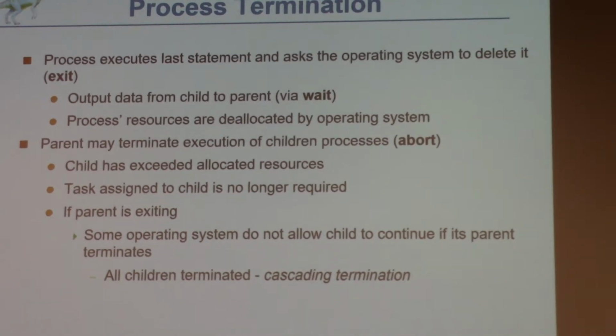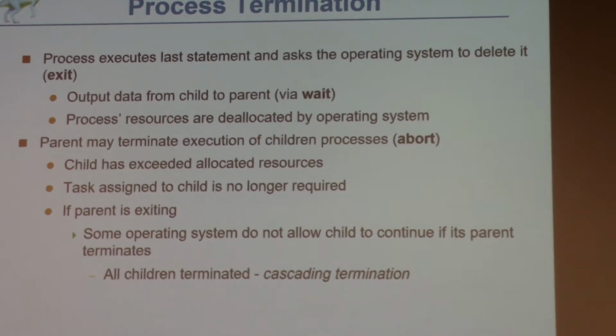But suppose that the parent process is terminated forcibly. Then the child process, in most cases, is automatically terminated, because there is no parent, so there's nothing to be returned at the end of the process. It's called cascading termination.